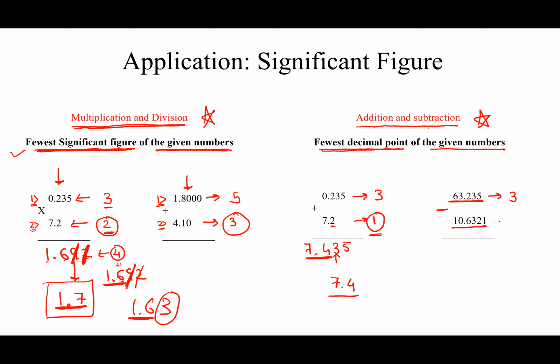In the second number, you have 4 digits after the decimal place. That's right. So in that case, when you do the math, your answer must have the fewest decimal places from the given numbers. It means your answer must have only 3 digits after the decimal place.